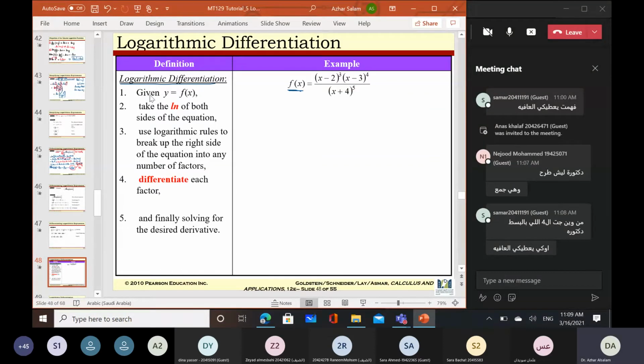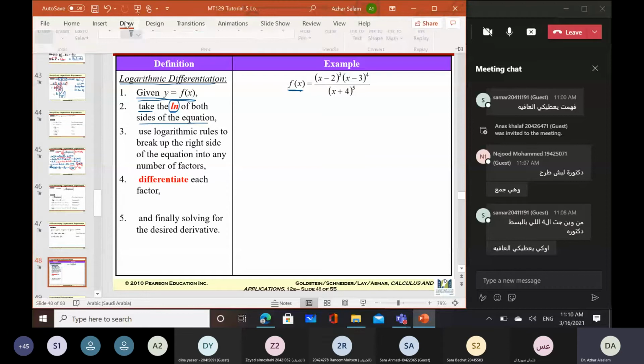First, I have the given function, y equal to f of x, and this is the definition of f of x. Then the second step is to take the natural logarithm, ln, of both sides of the equation.